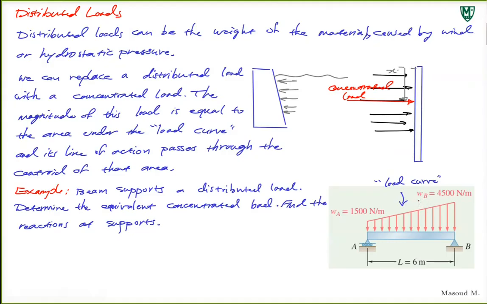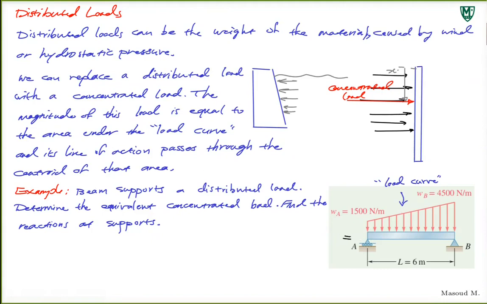That's going to be the concentrated load, and we have to find where the centroid for this area is, and that's where we put the load. Basically, we want to get into something equivalent to this.